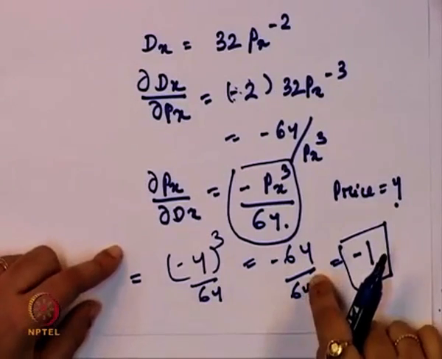In this case, we took the same demand function that we used earlier with the general tangent method to understand the slope, and we found the value of the slope is equal to minus 1.